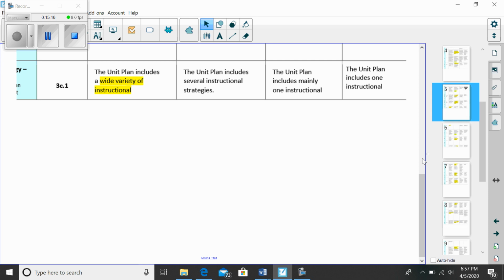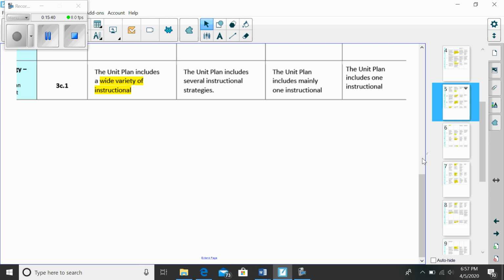How many strategies do we use in math? Strategies we would use would be group work, direct instruction, technology, an activity. How much other variety do we really use? Maybe there's some sort of game, maybe you use marble slides.